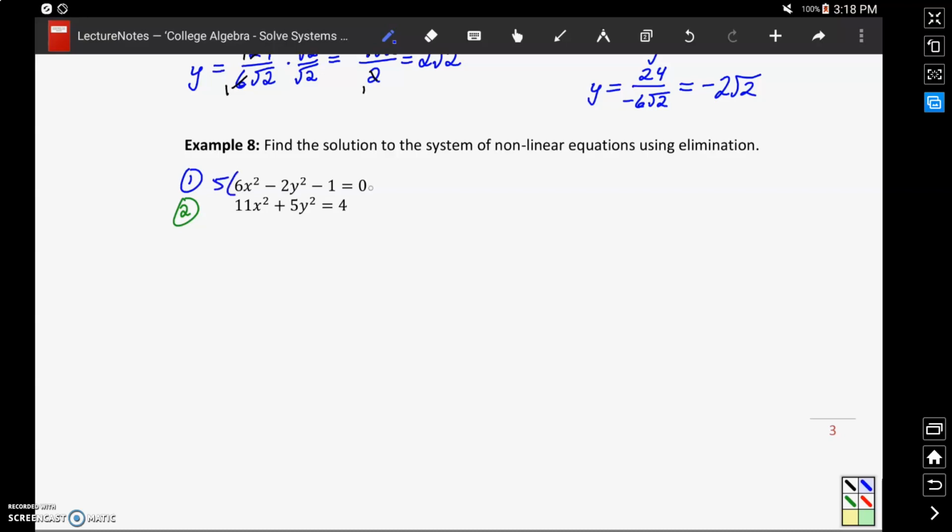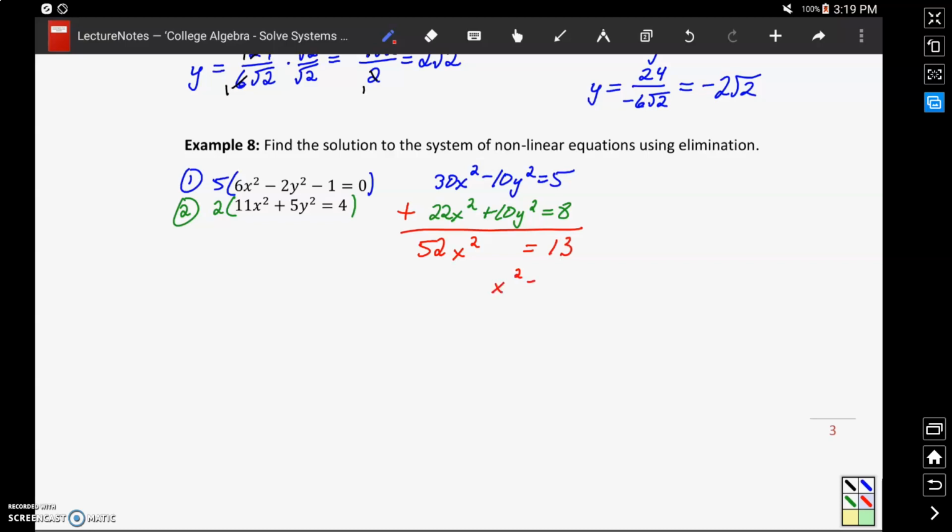We'll take our first equation times 5 and our second equation times 2, which will give us two new equations, 30x squared minus 10y squared is equal to 5, and 22x squared plus 10y squared is equal to 8, which will give us 52x squared is equal to 13, or x squared is equal to 1/4, which tells us that x is going to be equal to plus or minus 1/2.